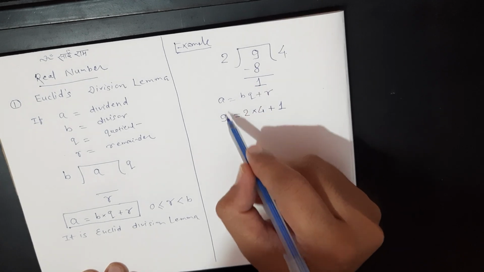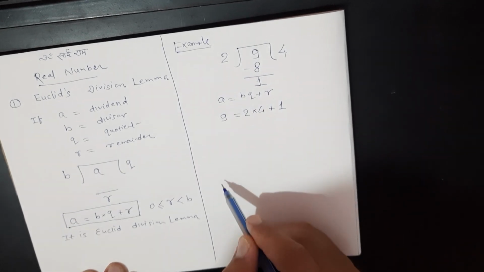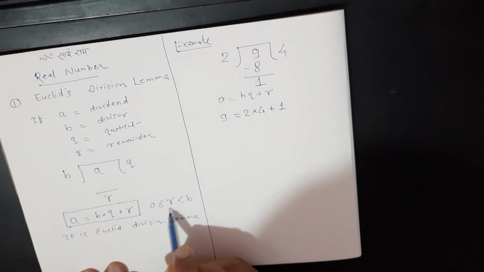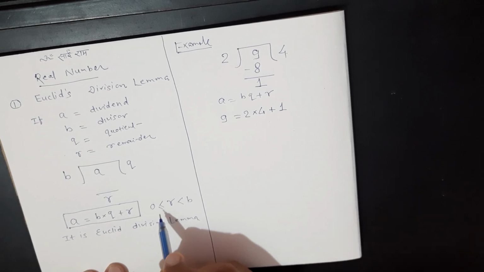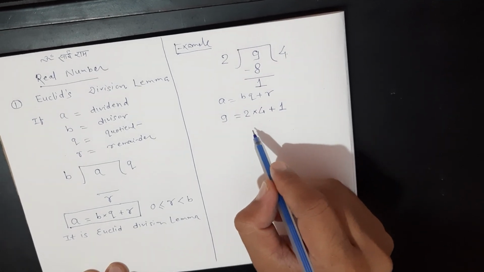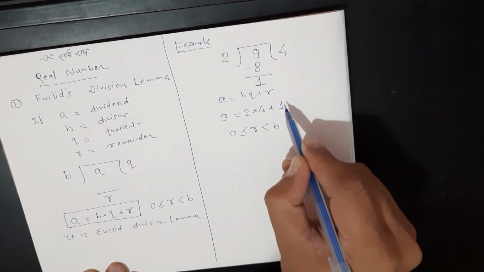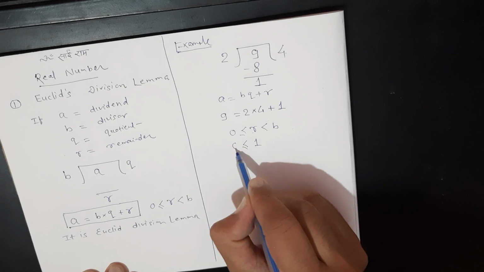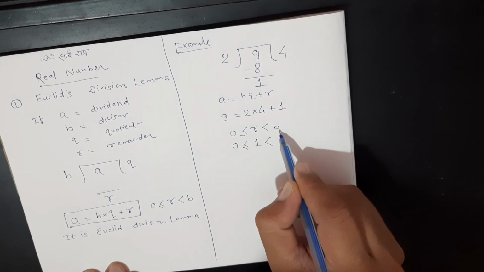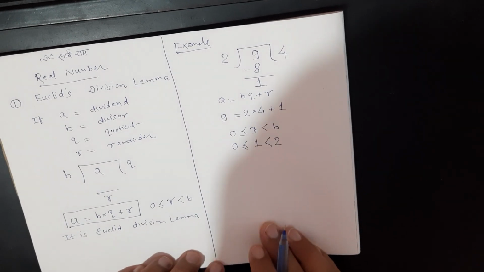Look, A is 9, B is 2, Q is 4 and R is 1. Remainder always lies between these two. What is remainder? 1. It is greater than 0 and it is less than B, meaning 2. It always happens.